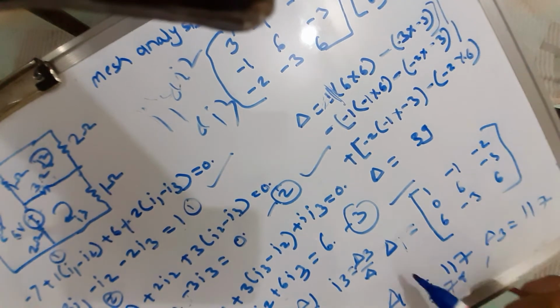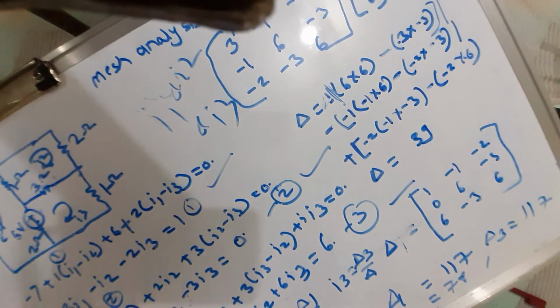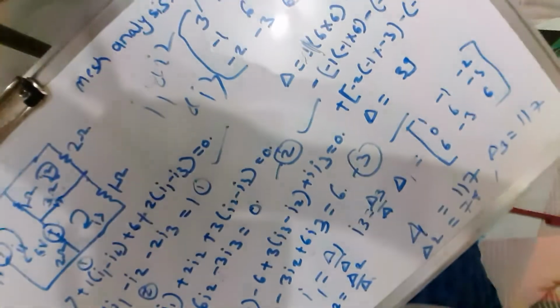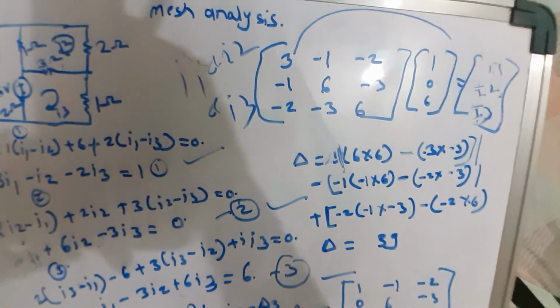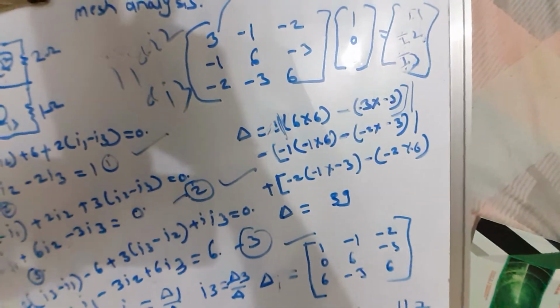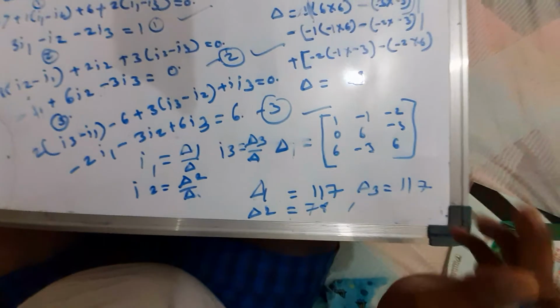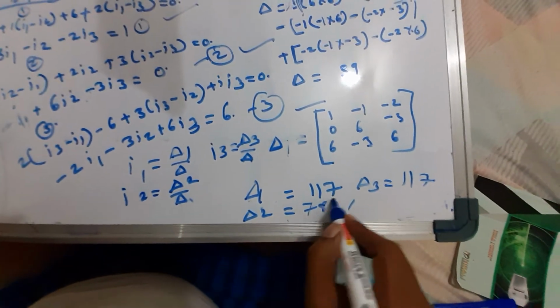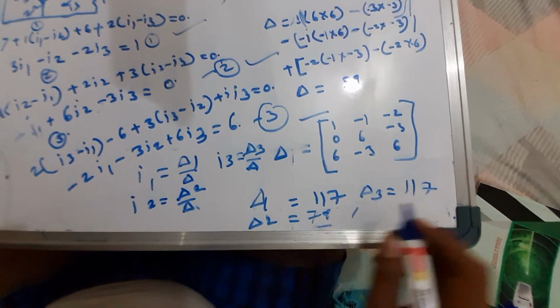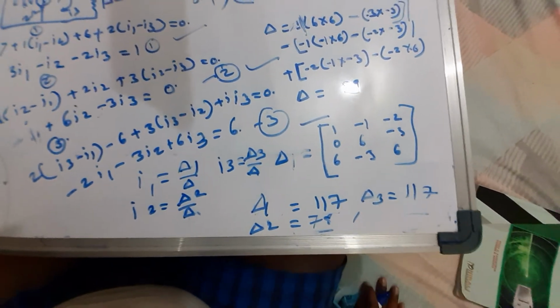So we have to find the value of delta 1. Delta 1 is equal to 117. Similarly, delta 2 is 78 and delta 3 is 117.